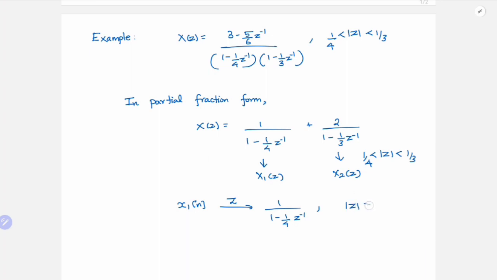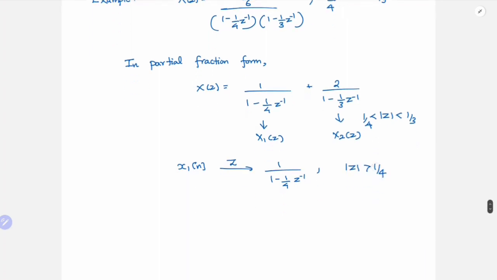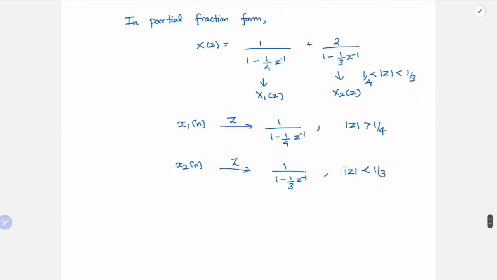It will be mod z greater than 1 by 4, correct? Similarly, for x2 of n, you have a single pole at 1 minus 1 by 3 z inverse, which is at 1 by 3. So here your ROC will be mod z less than 1 by 3. So now you can find x1 of n and x2 of n.